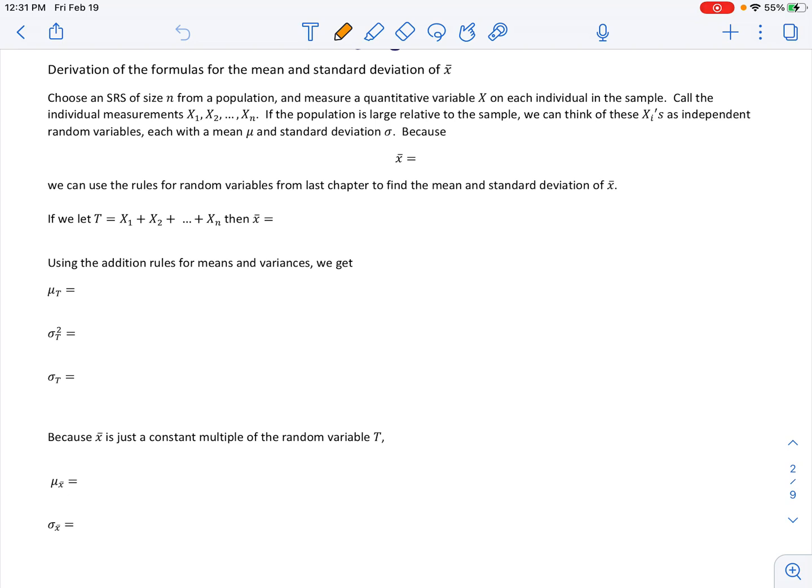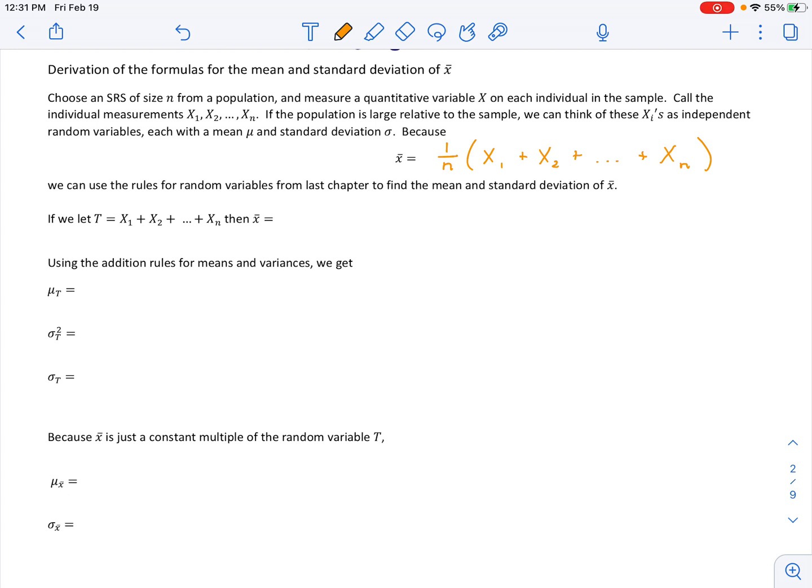So if I want to find my average, I just need to add up all these observations and divide by however many there are, which means I can think of this as x sub 1 plus x sub 2 plus x sub 3 plus x sub 4 plus x sub 5, all the way through x sub n. If I add them up and divide by n, I'm going to change that to multiplying by 1 over n. Dividing by 2 is the same thing as multiplying by a half.